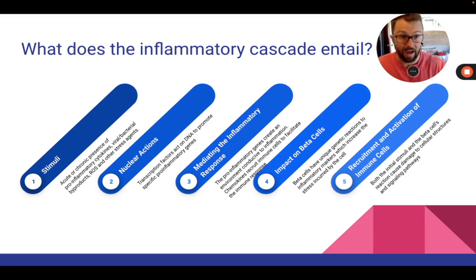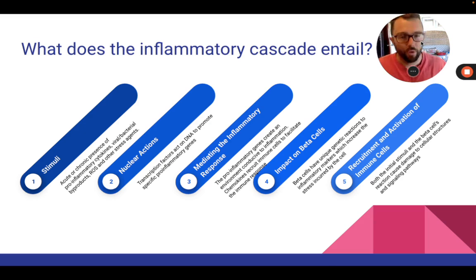So transcription factors within the injured cells or around the injured cells start to act on the DNA in order to start an inflammation response, right? Like someone needs to pull the fire alarm to let them know that the cell is not doing well, and that starts the inflammatory response, which goes to number 3, which is mediating that inflammatory response.